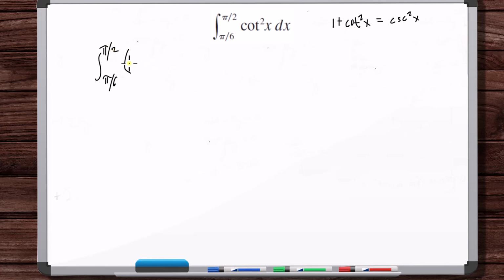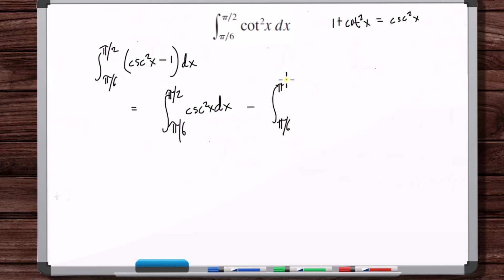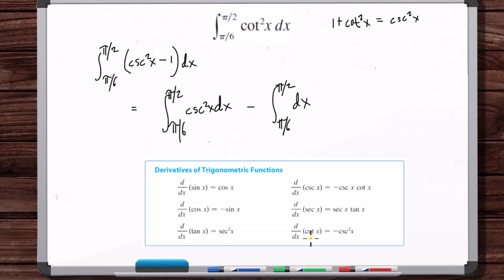convert this to cosecant squared of x minus 1. Okay, so this is right, but the difference is we can get this integral easily, because we know that the derivative of cotangent x is minus cosecant squared of x.